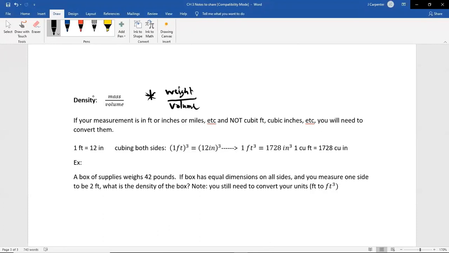So if they give you a measurement in feet or inches or miles, not cubic units like cubic feet, cubic inches, cubic miles, which volume is always measured in, you're going to have to convert them. Now, this is pretty rare in the real world. If I give you some oddly shaped object, I would probably have to tell you what its volume is, because you're not going to know the formula to find the volume of that shape.